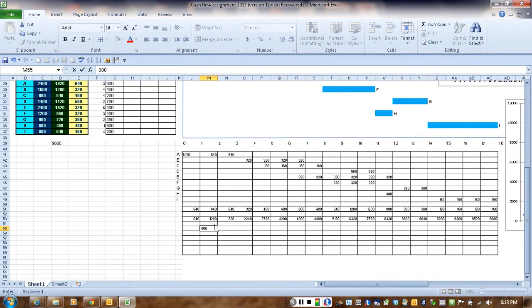So what I'm going to do, instead of multiplying by 1.2, I'm going to divide by 0.8 to avoid the approximation. And I'm going to copy that to all the other ones.